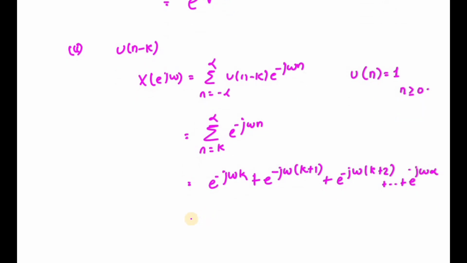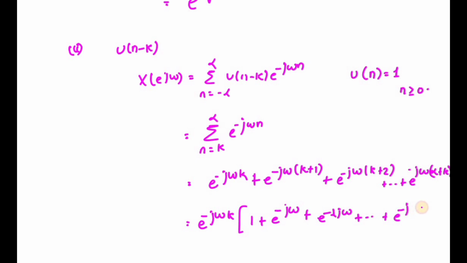So here if I take e power minus j omega k common, I will get 1 plus e power minus j omega plus e power minus 2j omega plus up to e power minus j omega infinity.